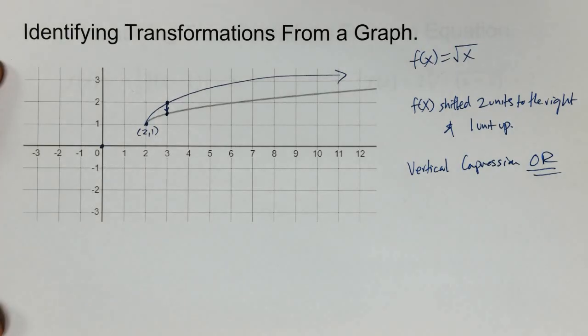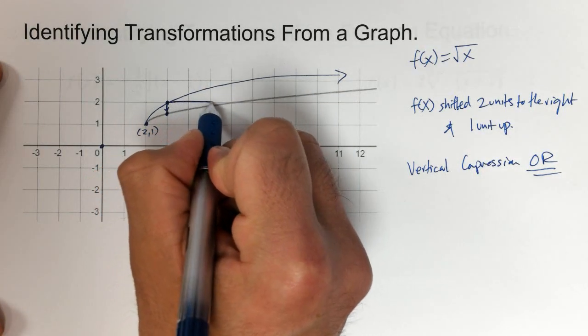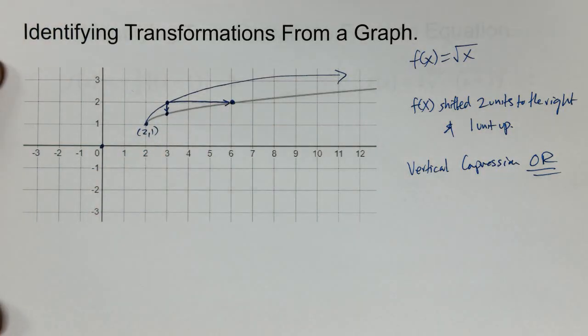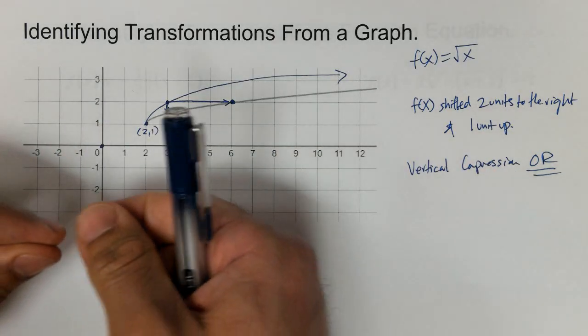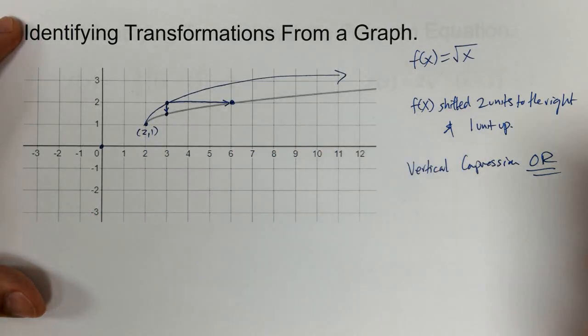Or horizontally, what's happening? Horizontally, this point is getting pulled outward over here. So since we're squeezing it vertically, we're also pulling it outward. We're doing a horizontal stretch. This is going further out.